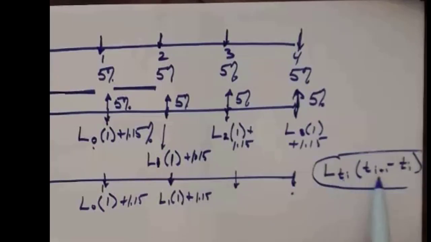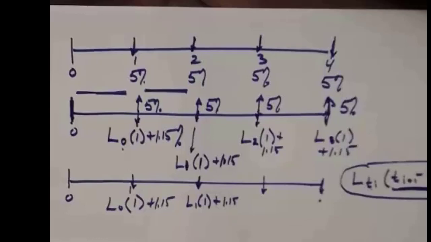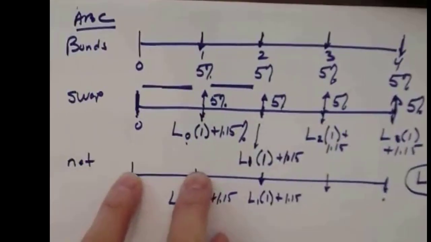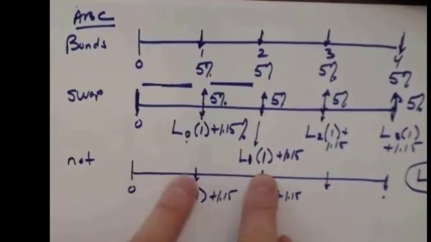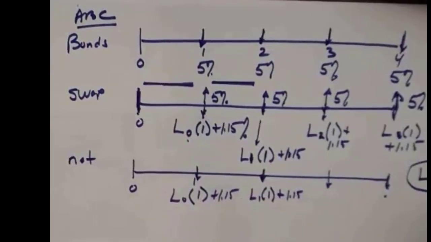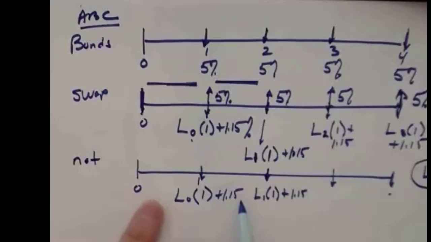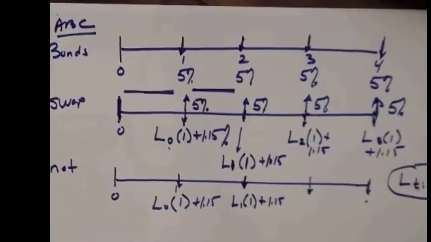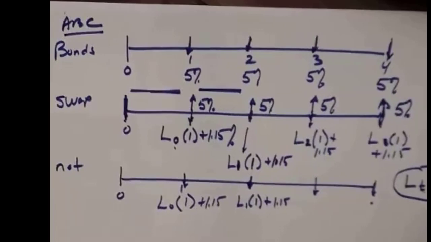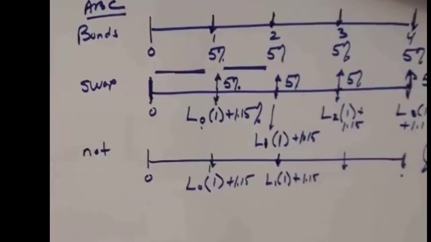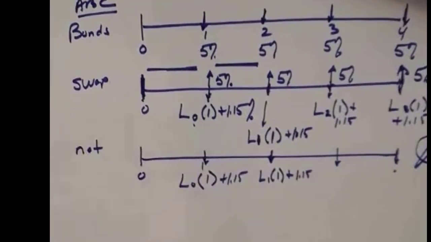And the difference between these two time periods is the amount of time between each payment, in this case a 1-year period. T_i would be right here, and T_i+1 minus T_i is just the 1 period that the payment covers. I don't like that, it's a bit complicated. I think you can follow this as I wrote it out.